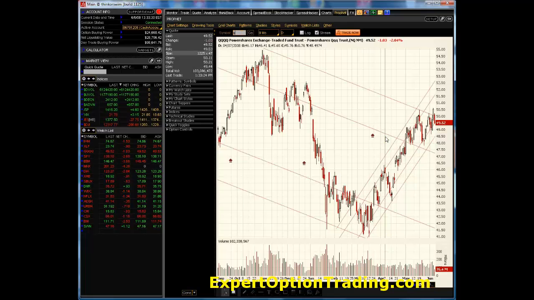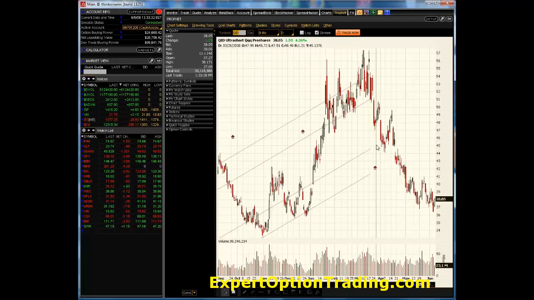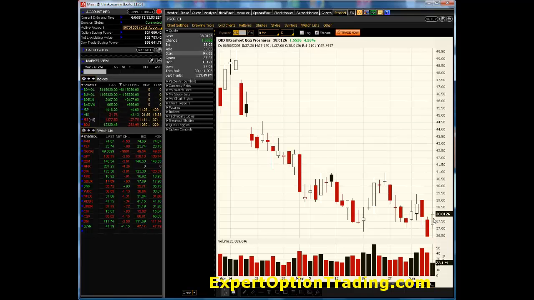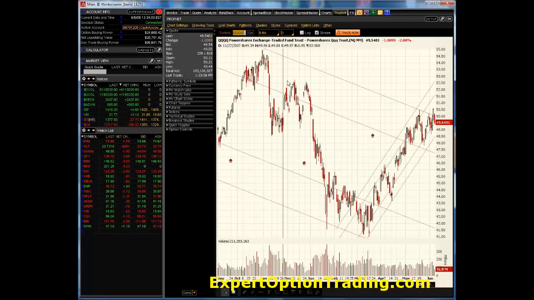And the QID is just the opposite of the QQQ. The QID is actually a ProShares ultra short of the QQQs. In other words, it acts in completely opposite direction of the QQQs. When the market's going up, the QIDs will go down. Like you can see today, the QIDs are up for the day because the market is down. It's up $1.57 here. And the reason they do that is because sometimes it's very hard to sell short the NASDAQ 100.